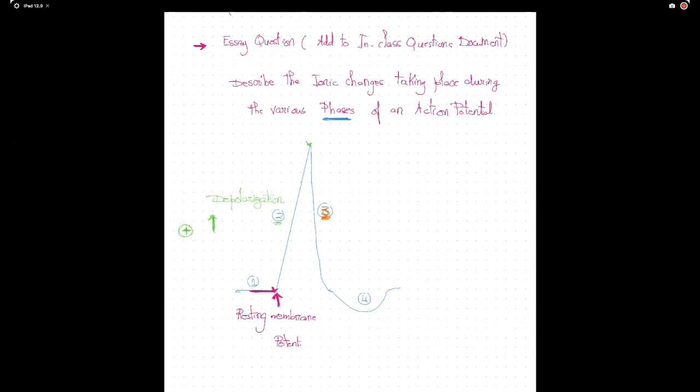All right, so can you remind me, please, what do we call the phase during which you return back to the resting membrane polarity in the action potential? Yeah, repolarization.